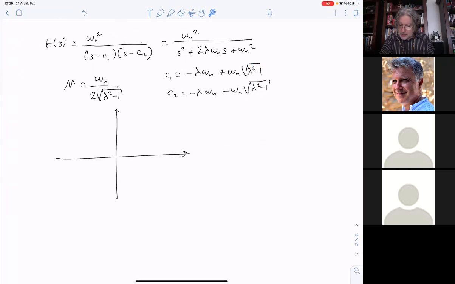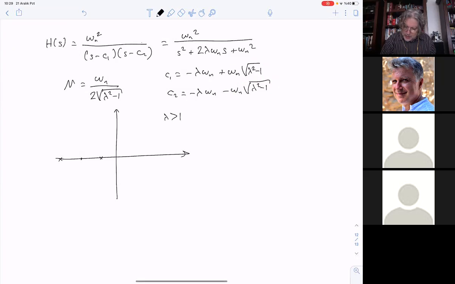So around minus lambda times omega n, which is somewhere here, plus and minus of this will make the positions of the poles. So we will have a pole, let's say here and here. This is for lambda greater than 1.